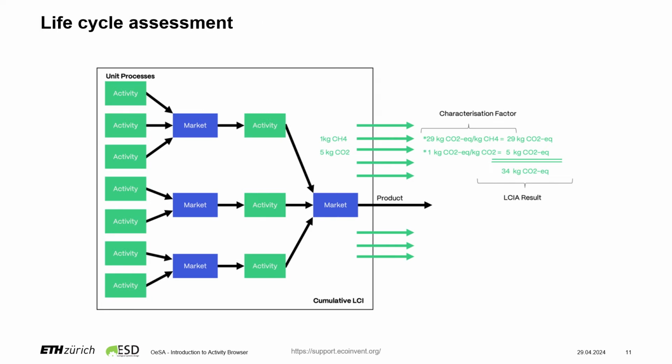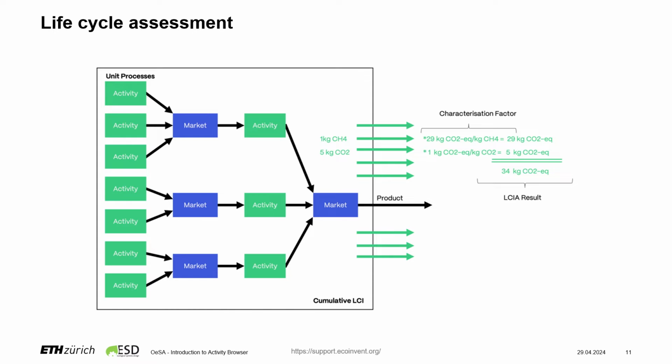If you look at the complete lifecycle assessment, after you've done goal and scope definition, you would have your processes or activities. Don't yet look too much at the markets. We'll discuss them a bit later. To generate value chains and compute environmental impacts, you need to collect these individual activities in supply chains, also called systems, where natural resource consumption will occur at different points in the supply chain.